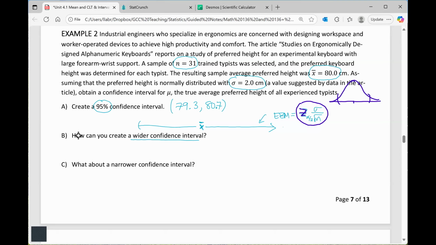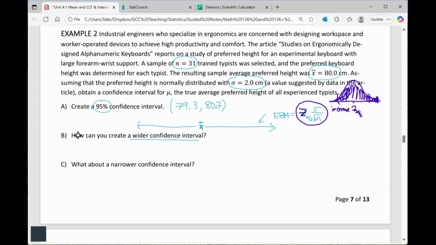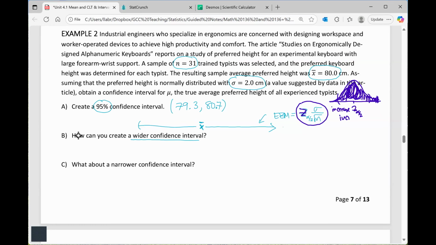So if z sub alpha is larger, the way to do that is to push this further out. What that means is you want to capture more of the data, which means that you want to include more of the observations. So the way to increase z sub alpha is actually to increase confidence.